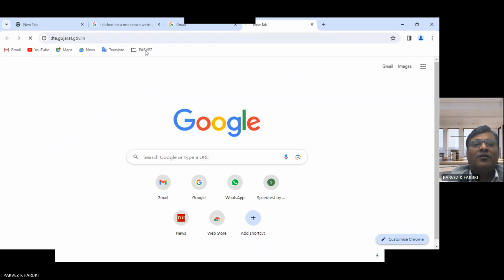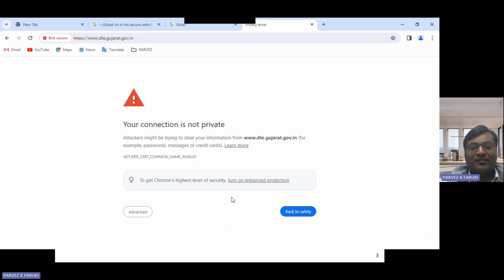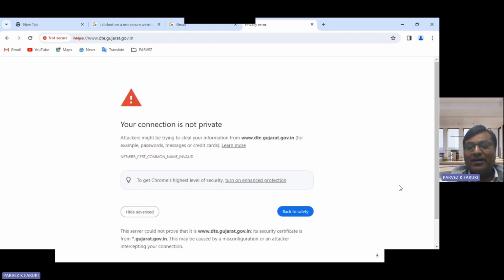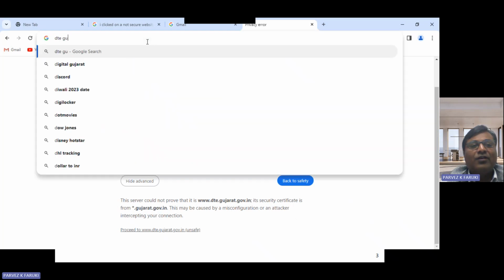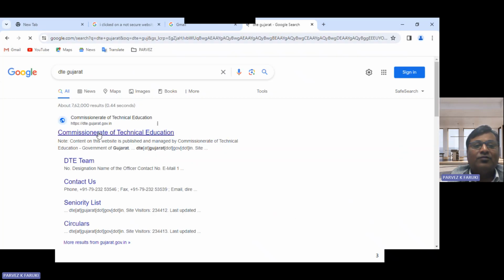So if I write www.dtegujarat.gov.in, say, and if this domain exists, I will go. Or if I say DTE Guj, dtegujarat.gov.in, so when I go here, it's taking some time to respond, but it surely will.